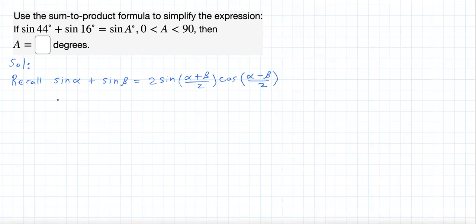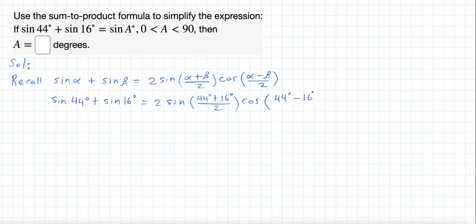this means that sine of 44 degrees plus sine of 16 degrees should be equal to 2 times sine of 44 degrees plus 16 degrees over 2, multiplied by cosine of 44 degrees minus 16 degrees over 2.